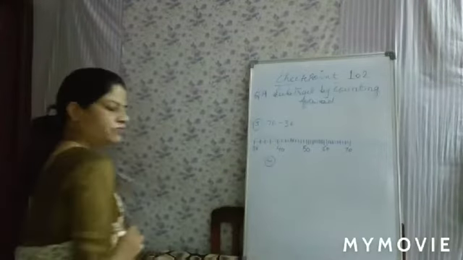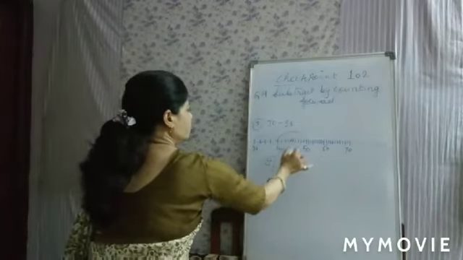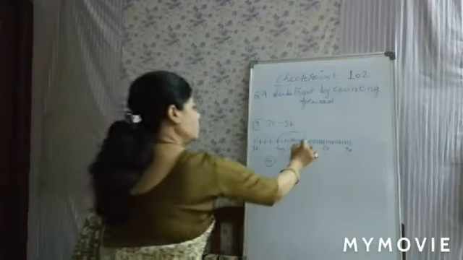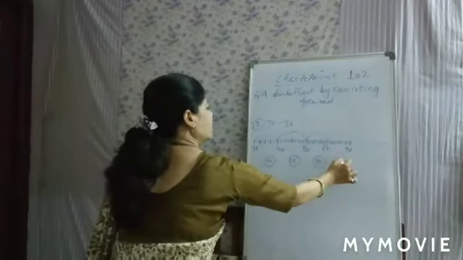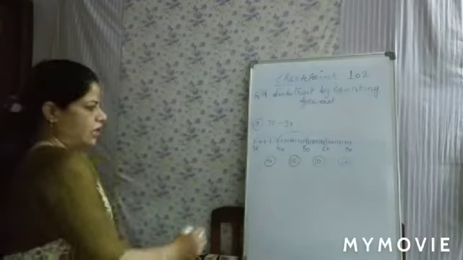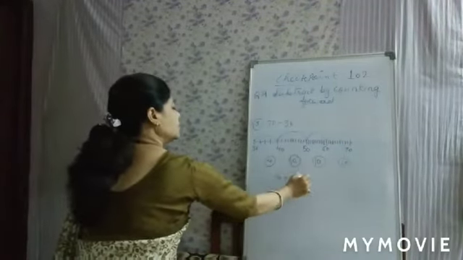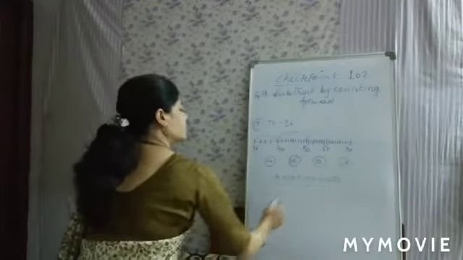From 36 to 40, how many lines here? 4. From 40 to 50, how many lines? 10 lines. Then 50 to 60, again 10 lines, and 60 to 70, again 10 lines. Then you have to add these numbers: 4 plus 10 plus 10 plus 10. 34 you get.